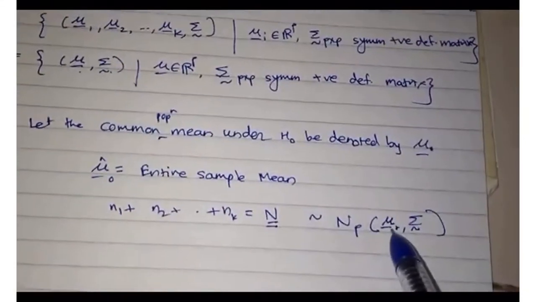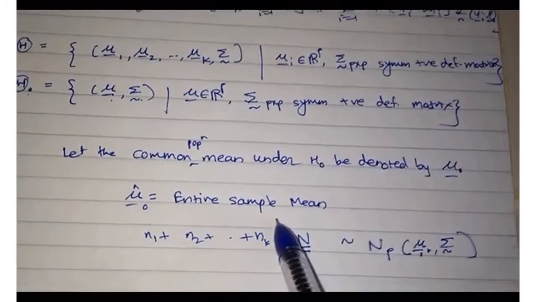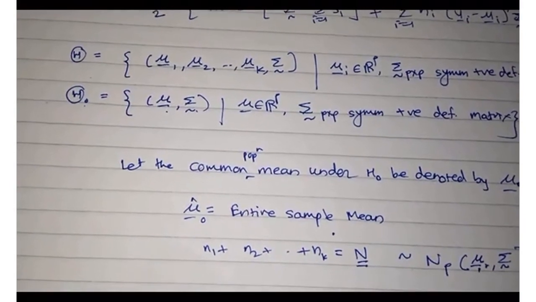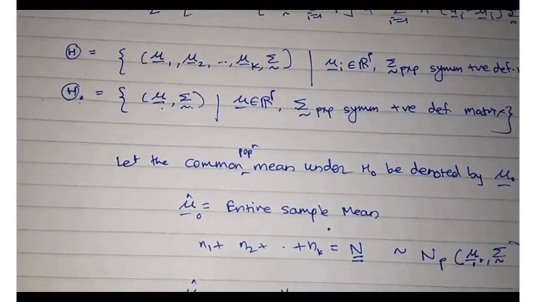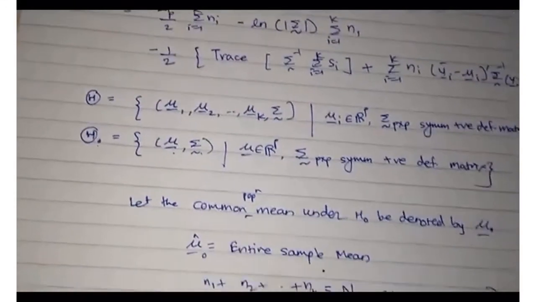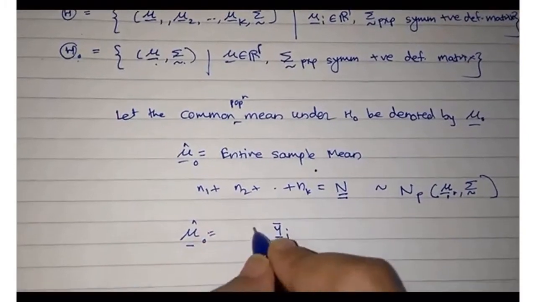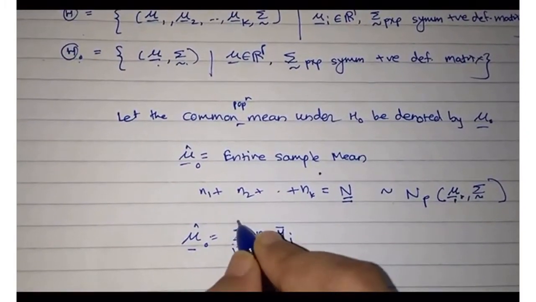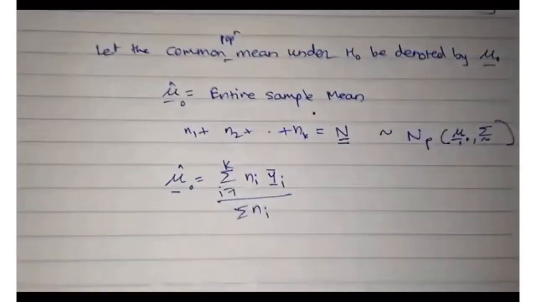As a result, we know that in such a scenario this common mean is estimated by the overall sample mean. So mu naught hat becomes the entire sample mean. If you want to write it in terms of individual sample means, if your individual sample mean is y_i bar, then I need to multiply by n_i, i going from 1 to k, and divide by summation n_i. Right.